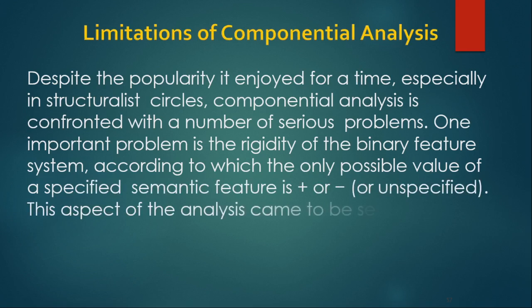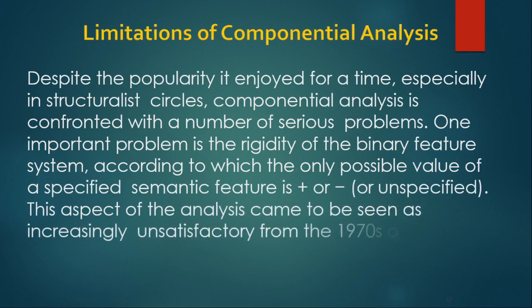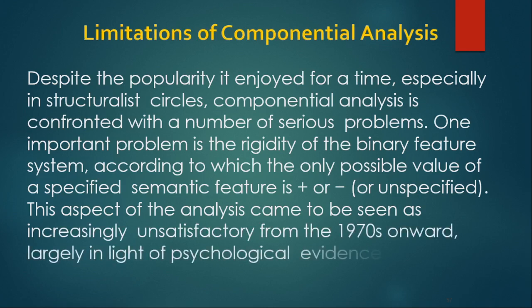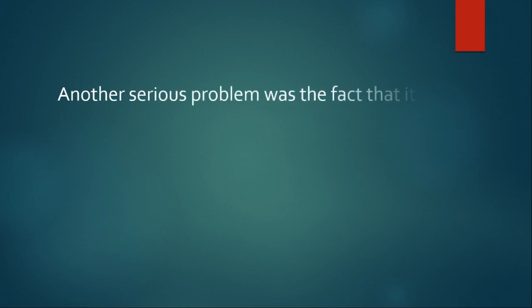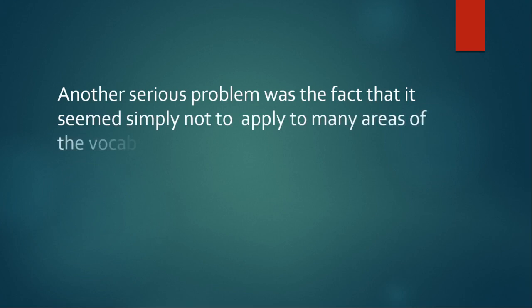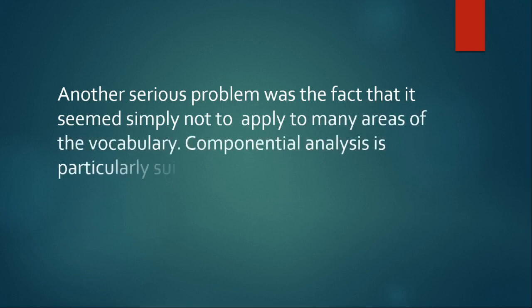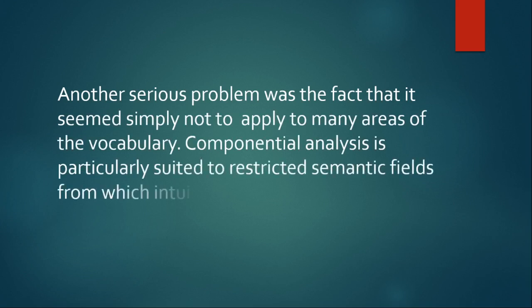This aspect of the analysis came to be seen as increasingly unsatisfactory from the 1970s onward, largely in the light of psychological evidence about human categorization. Another serious problem was the fact that it seemed simply not to apply to many areas of the vocabulary. Componential analysis is particularly suited to restricted semantic fields from which intuitively obvious semantic distinctions can easily be abstracted.